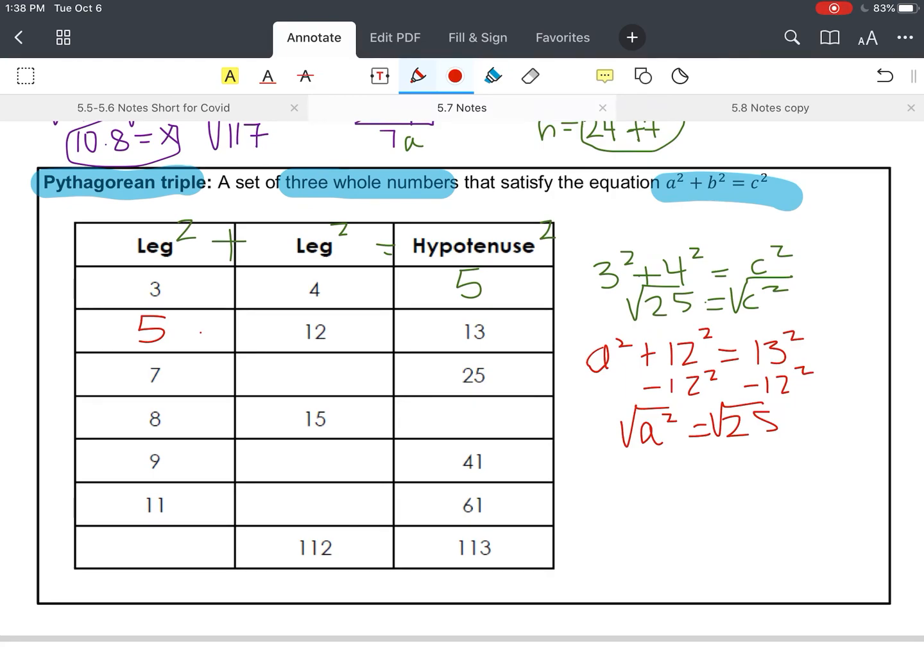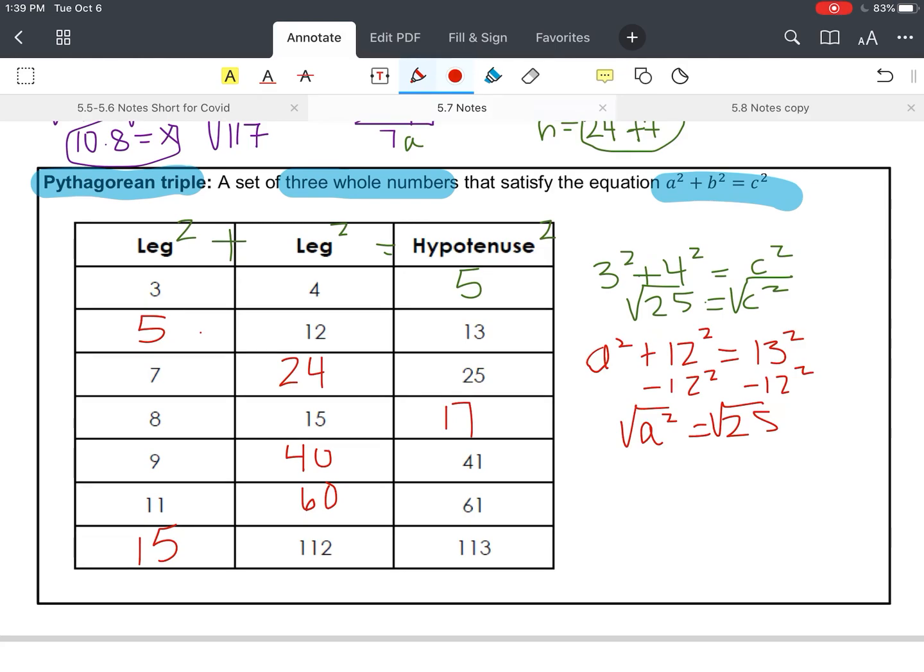When you do, you're going to get 5. So 5, 12, 13 is another type of triangle. Again, you can pause the video and make sure you've got the Pythagorean theorem down by trying to fill out the rest of the chart. But how it goes is 7, 24, 25; 8, 15, 17; 9, 40, 41; 11, 60, 61; and 15, 112, 113.